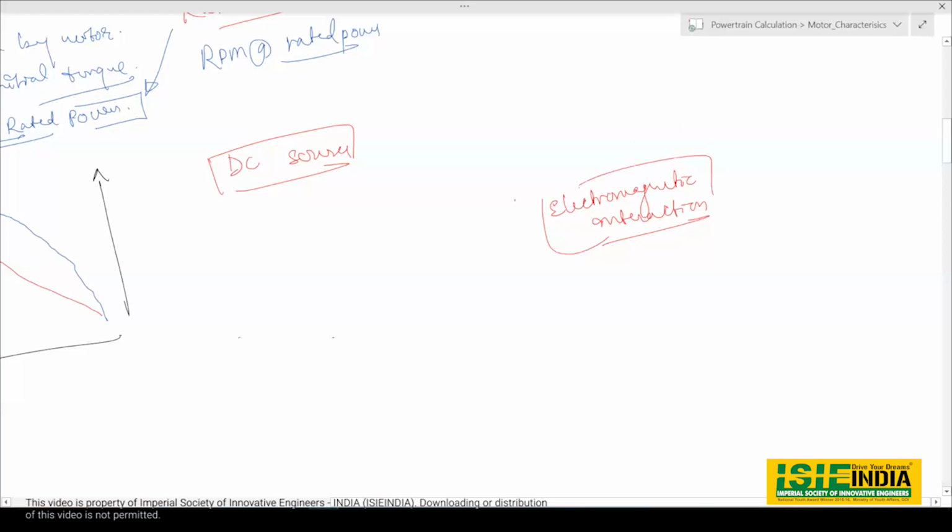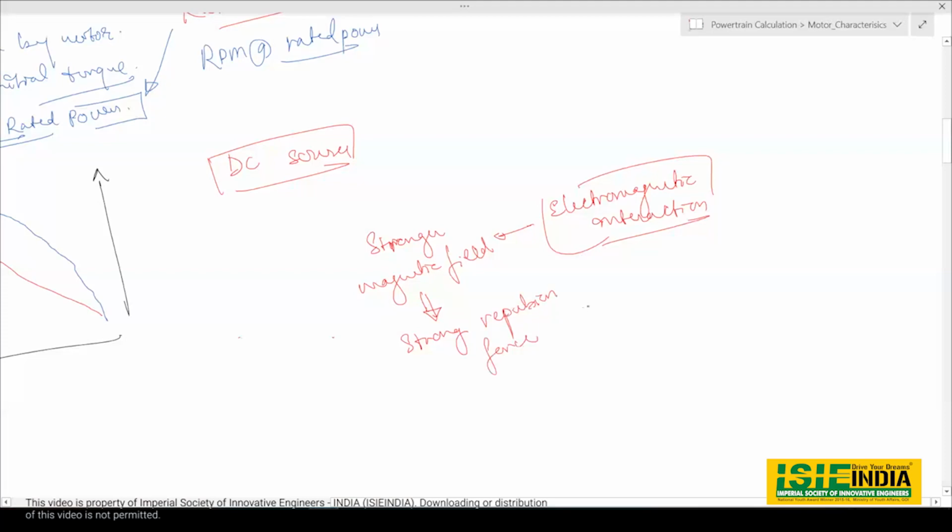And so if you have a stronger magnetic field, okay, stronger magnetic field will give you stronger repulsion force, right, in order to rotate the motor, right?